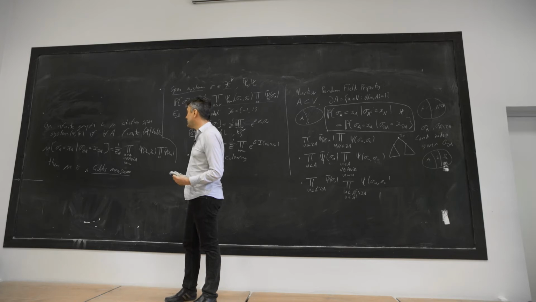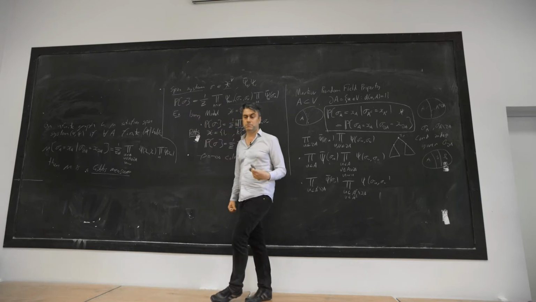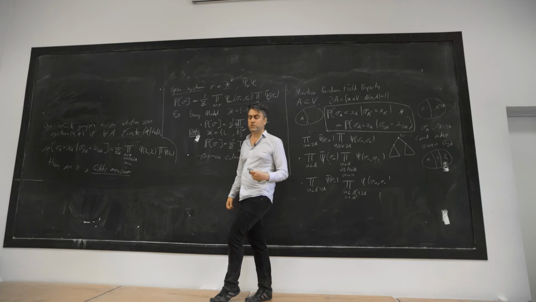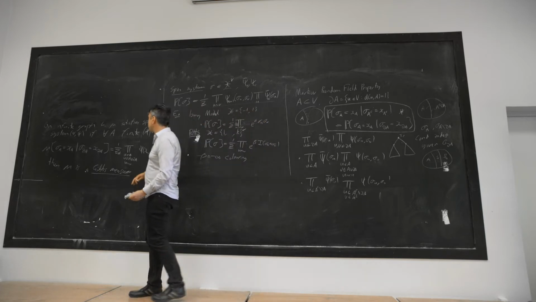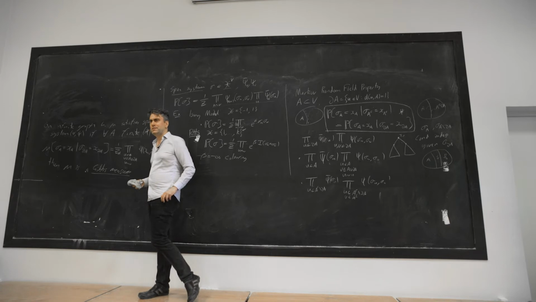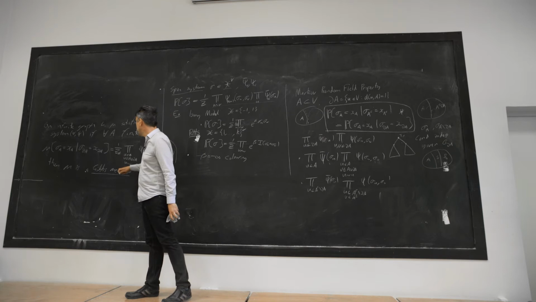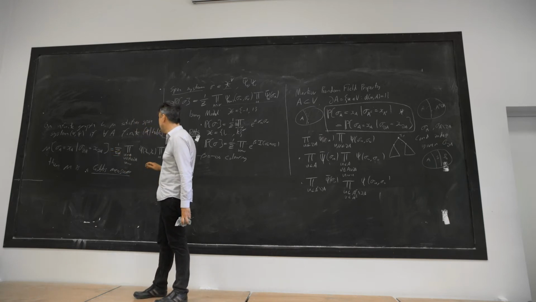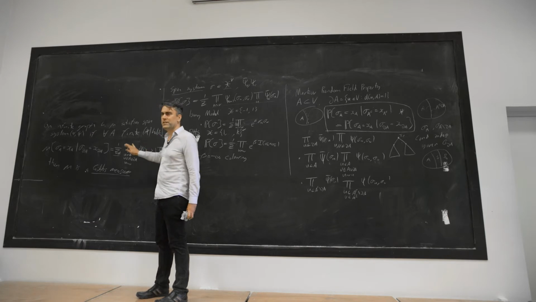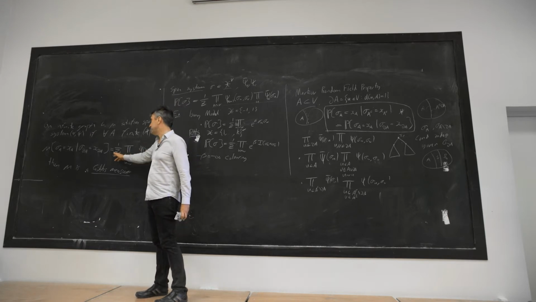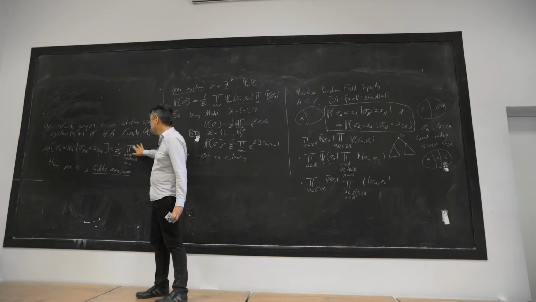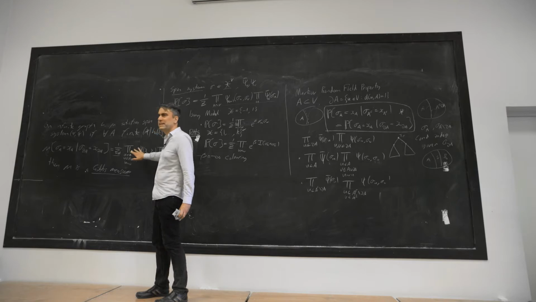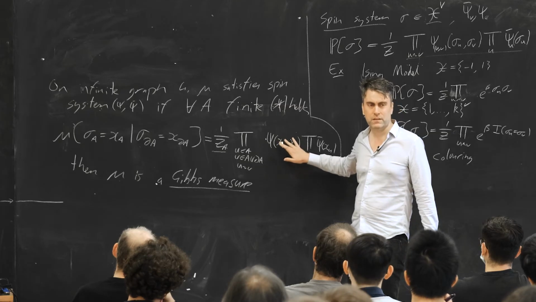I guess my doubt arises from the partition function, the normalization constant. So if I have an infinite graph, then this partition function may be infinite. But here, I'm only summing over configurations on A and its boundary, which is a finite set.